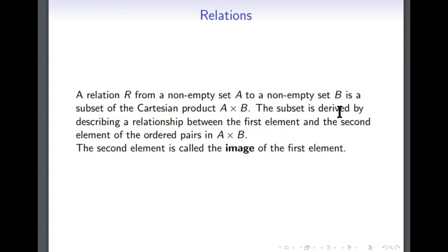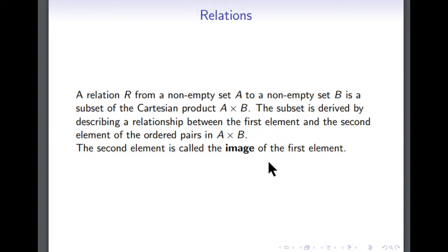The subset is derived by describing a relationship between the first element and the second element of the ordered pair in A cross B. The second element is called the image of the first element. If I say Vishwadeep is friend of Yash, my pair will be Vishwadeep comma Yash. So Yash, the second element, will be the image of the first element, Vishwadeep.